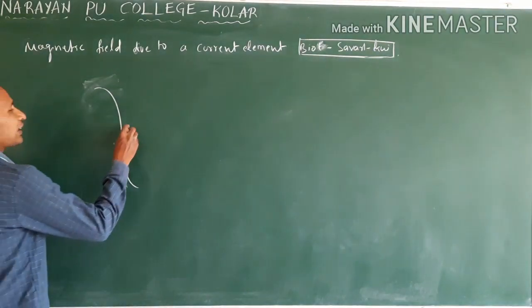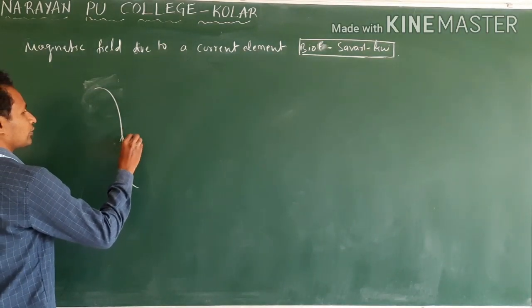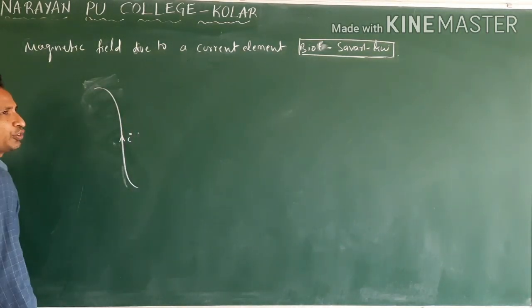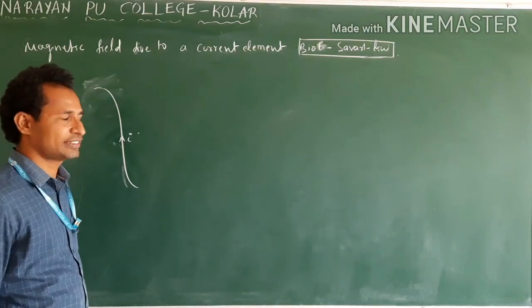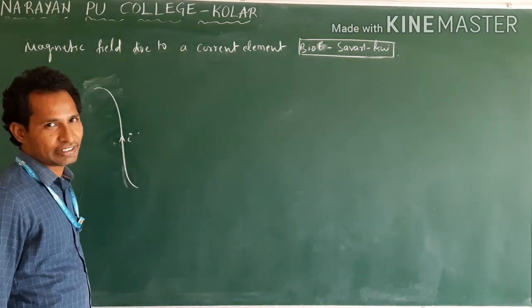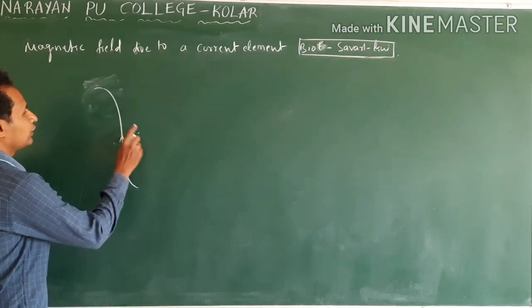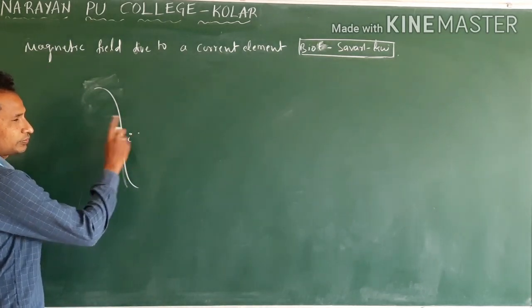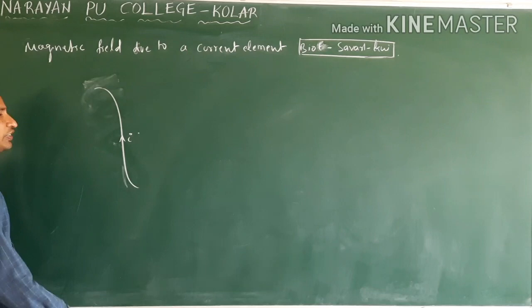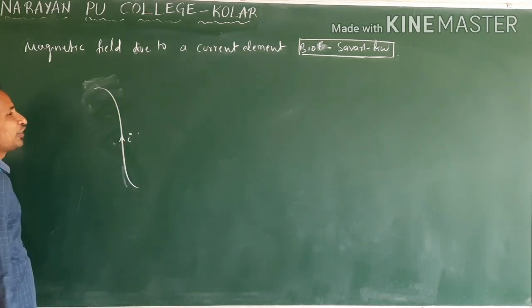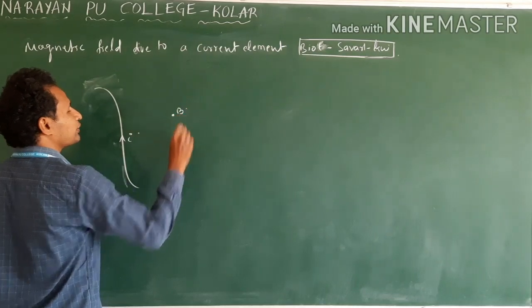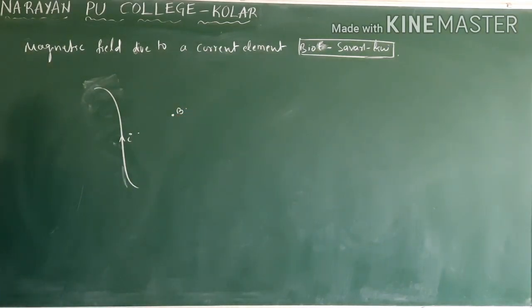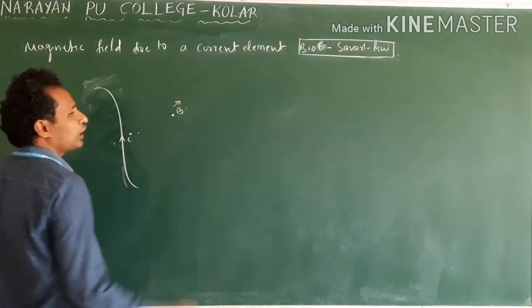This is carrying current I. According to Oersted's observation, this current carrying conductor develops a magnetic field in the vicinity of the conductor. Now we would like to calculate the magnetic field at this point P. Then how do we find it?